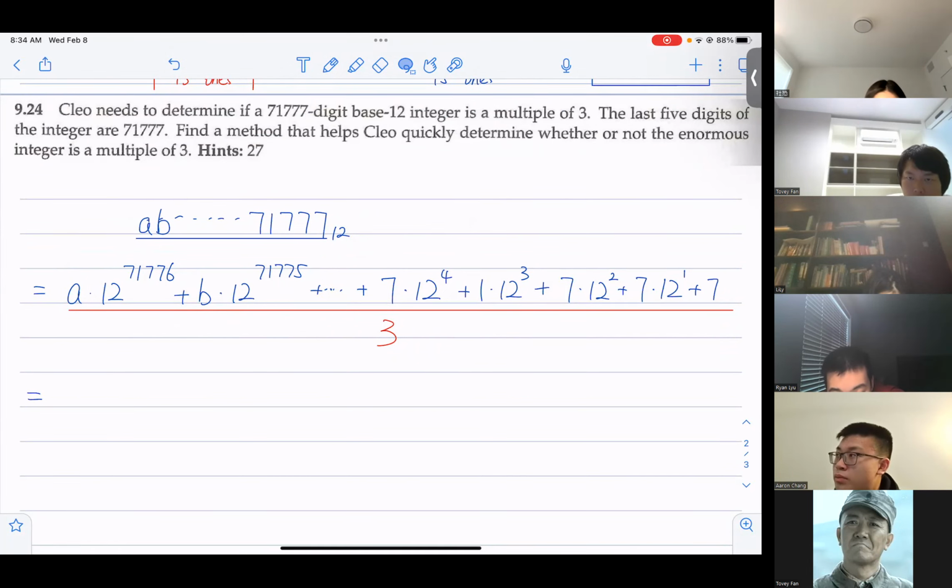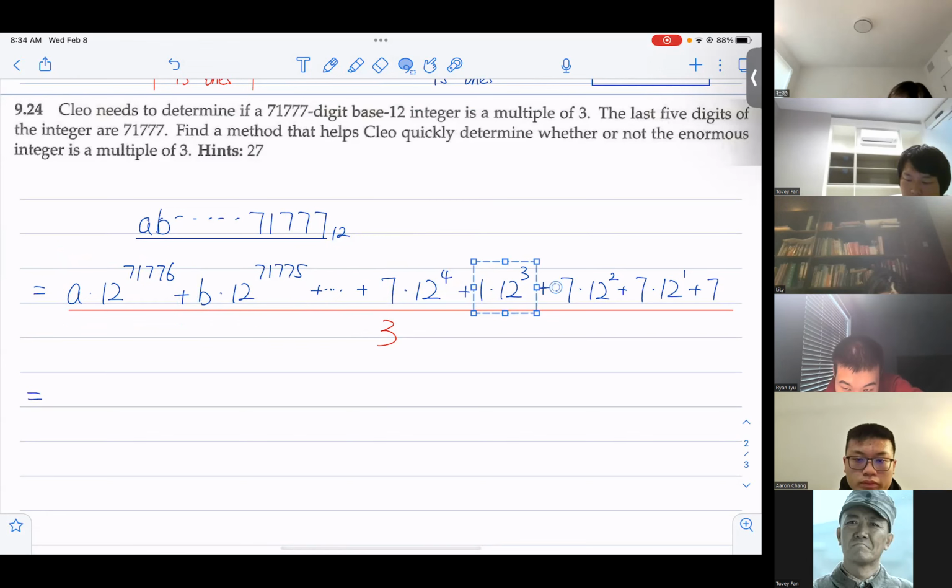But notice that 12 is a multiple of 3, right? So if you have a 12 in it, this whole term can be divided by 3. So the first term, you have these many 12s there. It must be divisible by 3, right? So this can be divided by 3. This can be divided by 3.